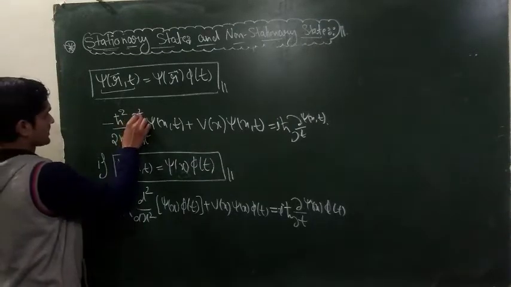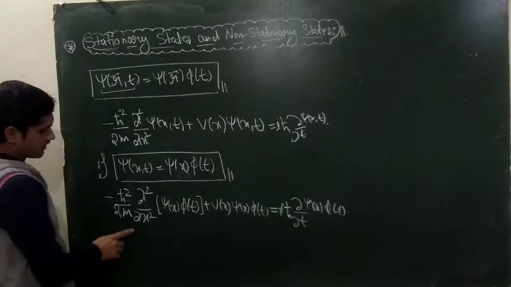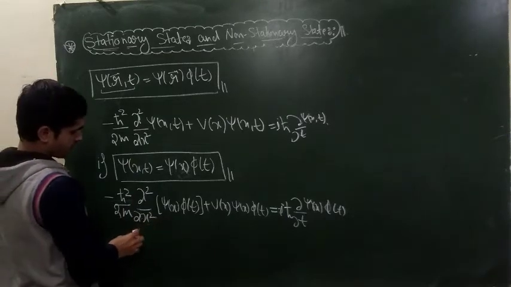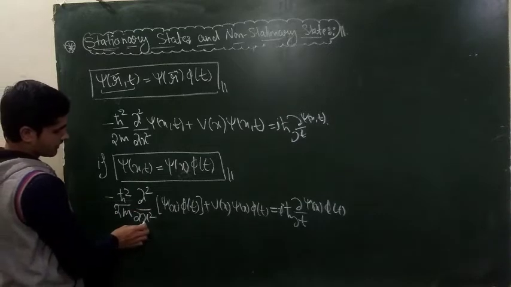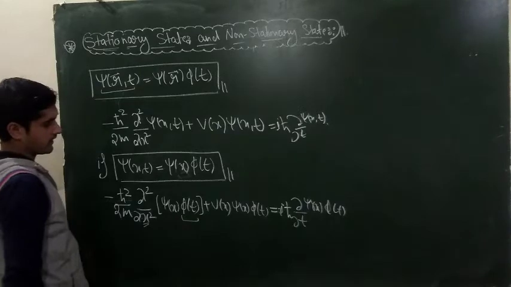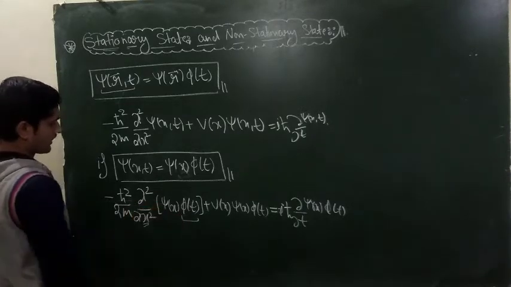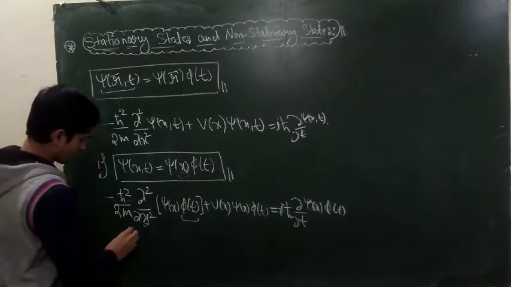It is also a partial derivative. But now because this differential is just with respect to the space coordinate, the time-dependent function can be taken out of this derivative.